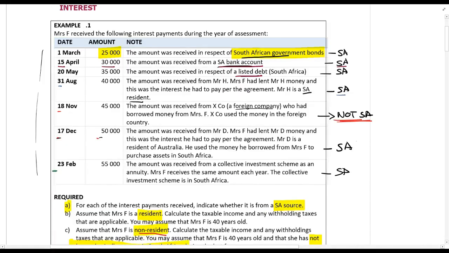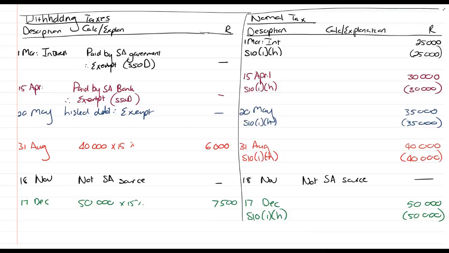And then 23 February, it's from a collective investment scheme. Right, and it's paid as an annuity. Okay, tricky there, guys. Paid as an annuity.